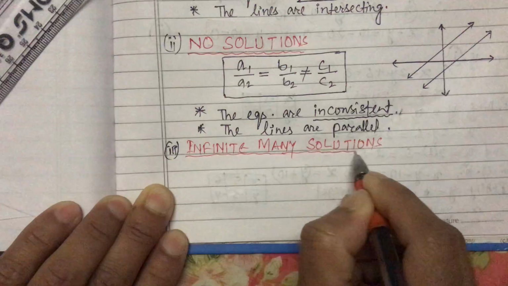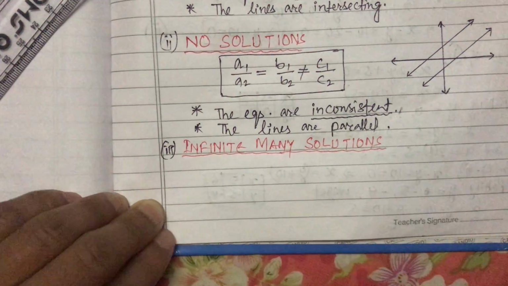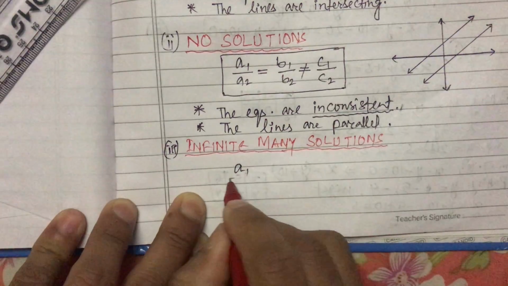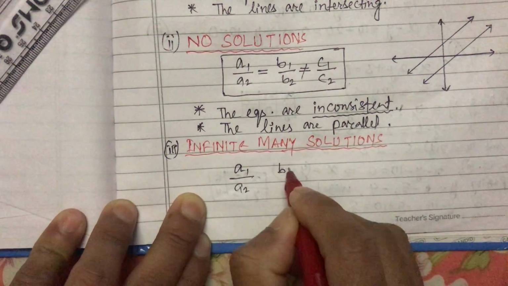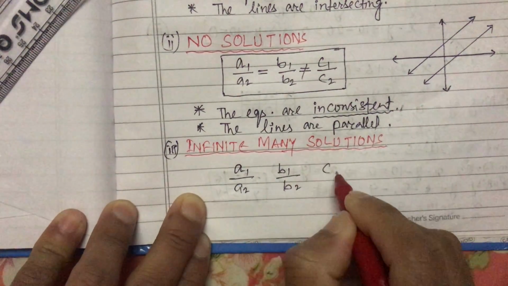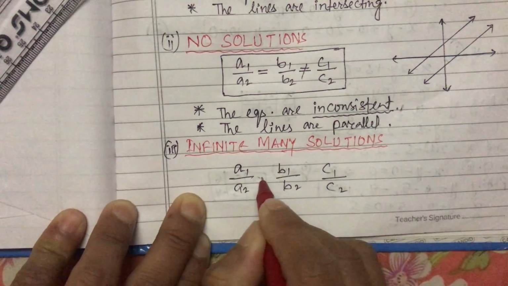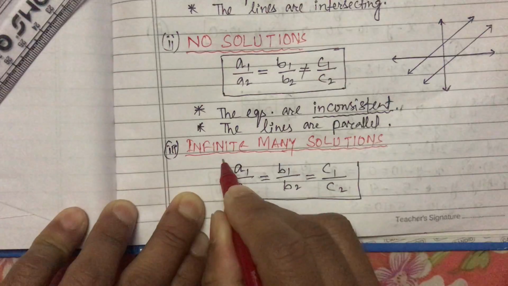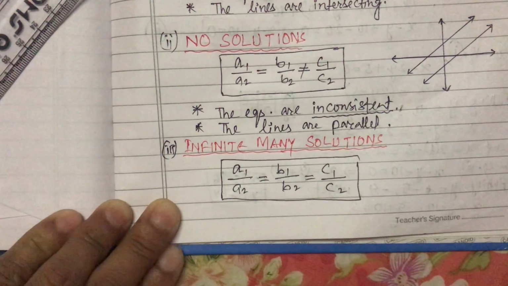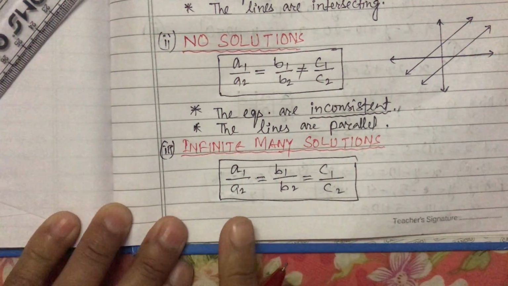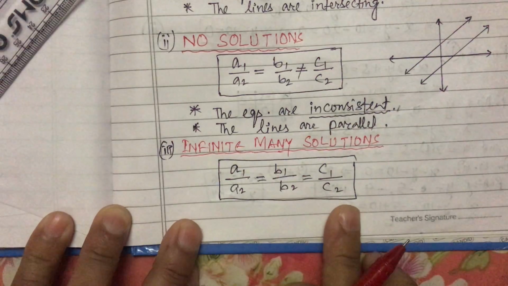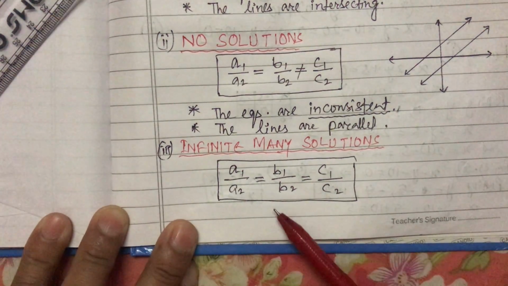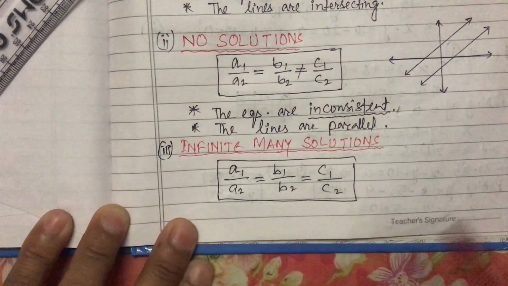Okay, the meaning is the same. Now for this the condition is a1 by a2, b1 by b2, c1 by c2, all the ratios must be equal, then only we call it infinitely many solutions. Okay, so if I have all these three ratios equal, then I can easily tell the equations will have infinitely many solutions, and again I don't need to solve.